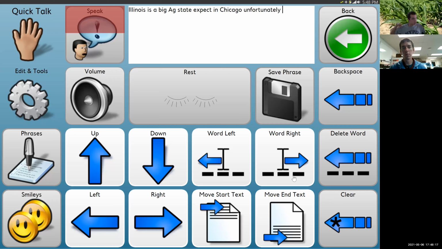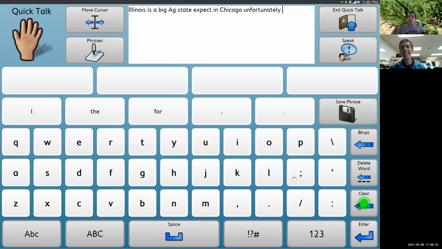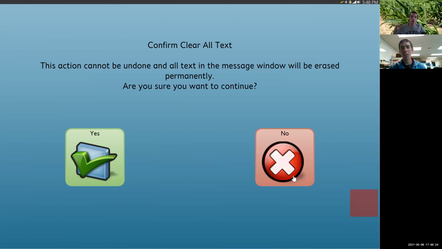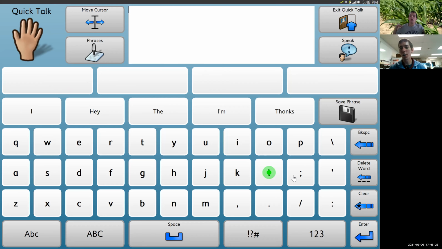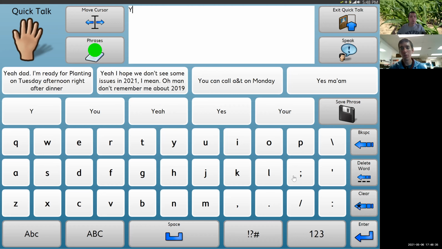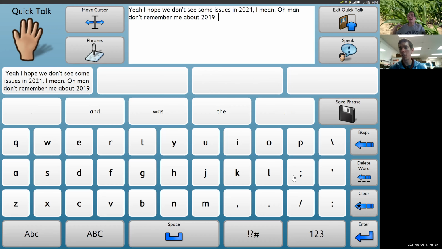Illinois is a big ag state, except in Chicago, unfortunately. Yeah, there are not a lot of large scale crops grown in Chicago anyway. I know there's a lot of folks interested in doing some urban agriculture, but yeah, most of the corn, soybean, wheat production, we're looking at the rest of the state.